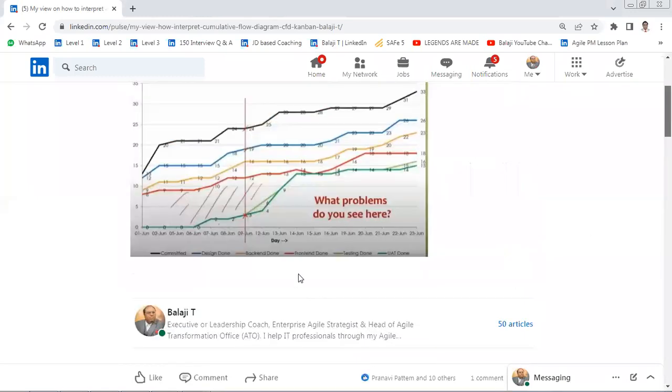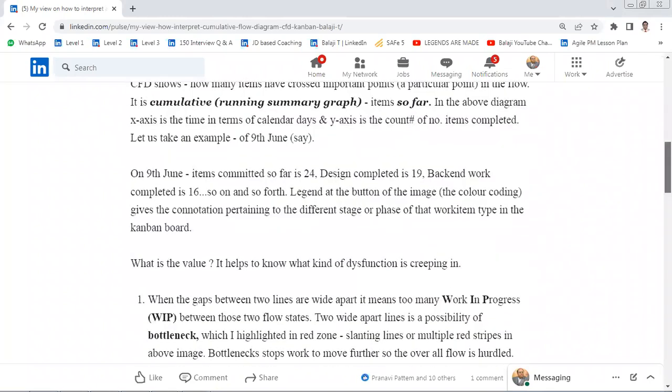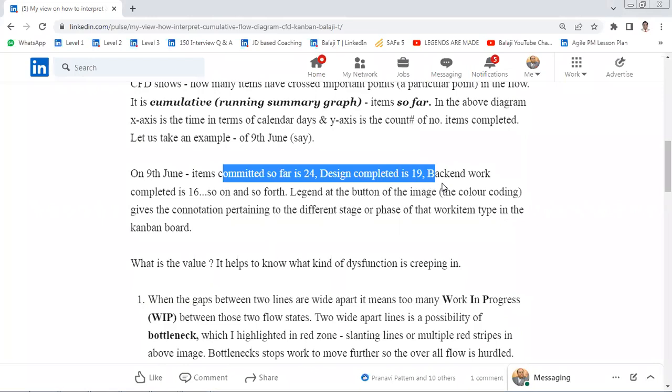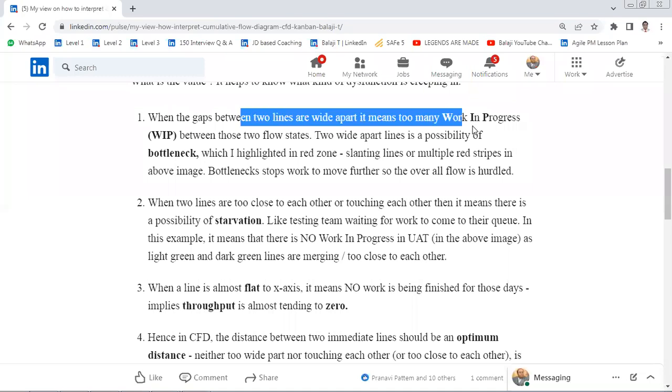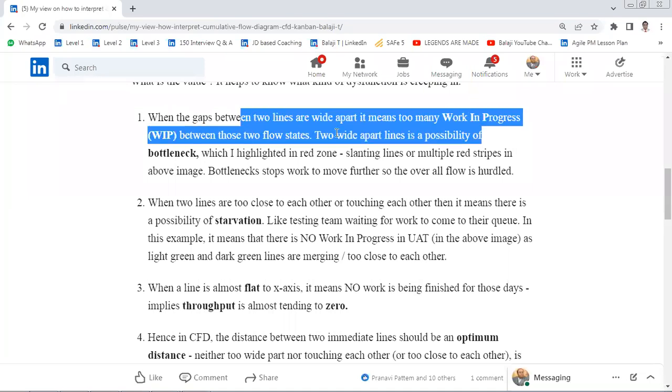So you take a point here. It's not mandatory that I need to take 9th June. Anything you can take, but somewhere you need to begin the journey. So on 9th June, the items committed so far is 24, design completed is 19. So what are we trying to do? When the gap between the lines is wide, it means work in progress is very high.